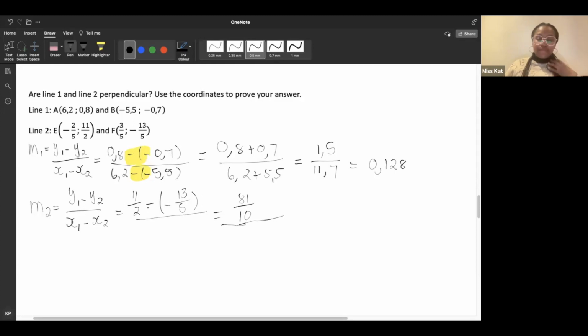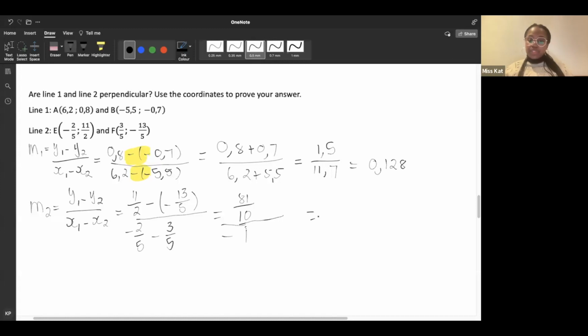And then we're going to say negative 2 over 5 minus 3 over 5, and that's going to give us negative 1. Just negative 1. Yes, it is negative 1.